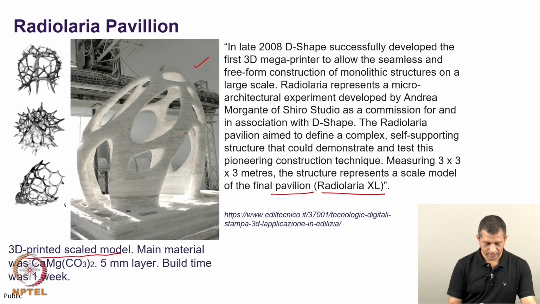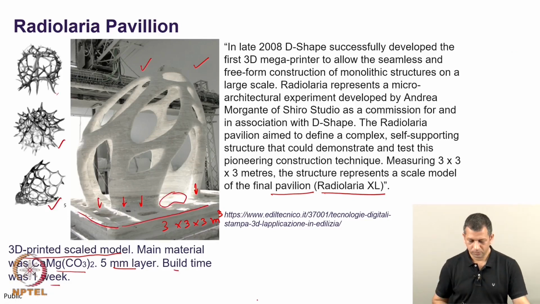This example is of size 3 by 3 by 3 meter cube. The material used for this structure is calcium magnesium carbonate. Each layer is of 5 mm thickness and it took about 1 week to build this particular structure.